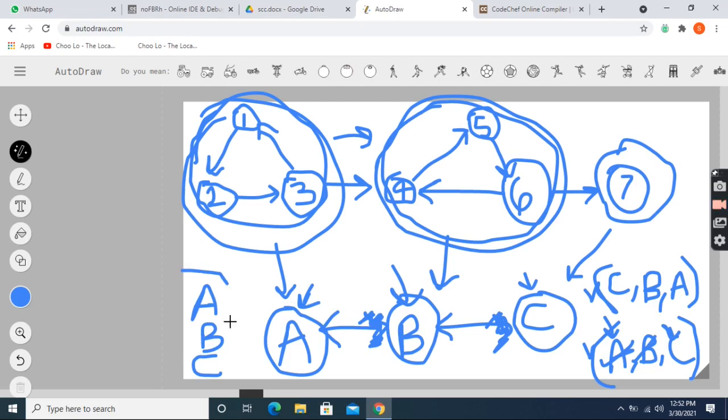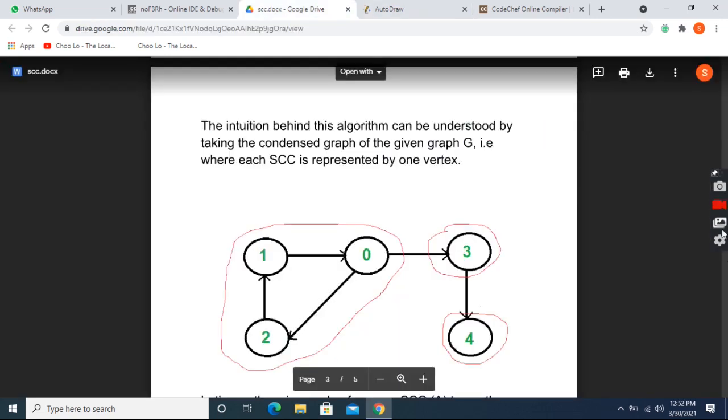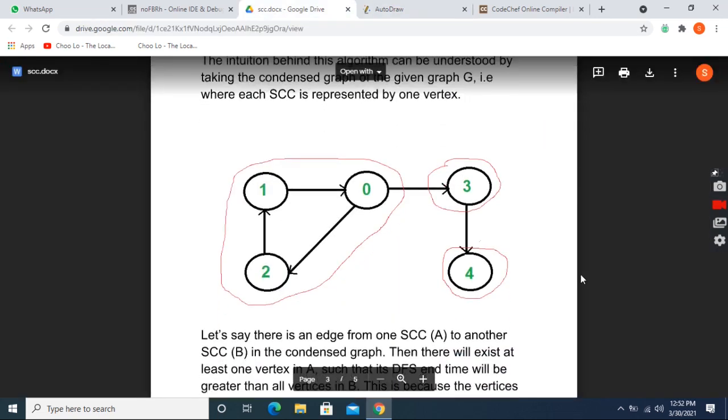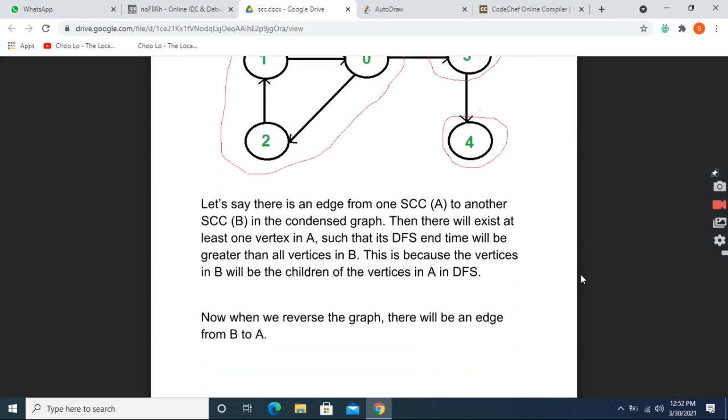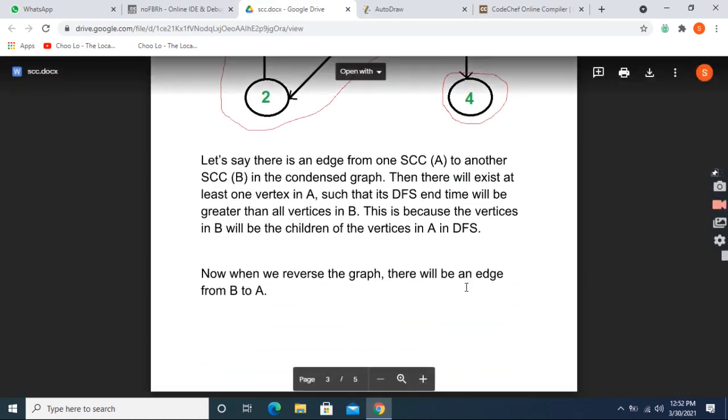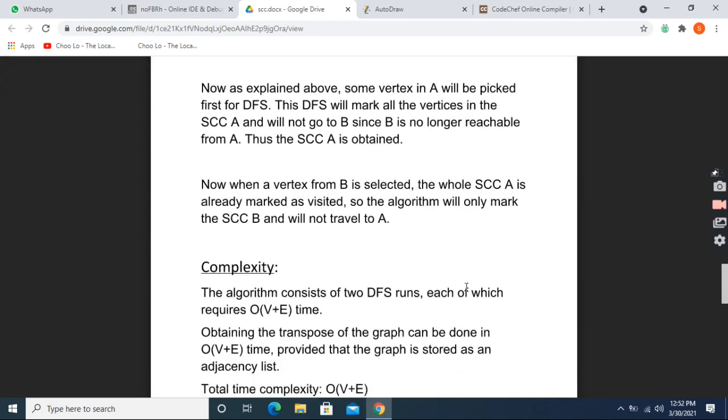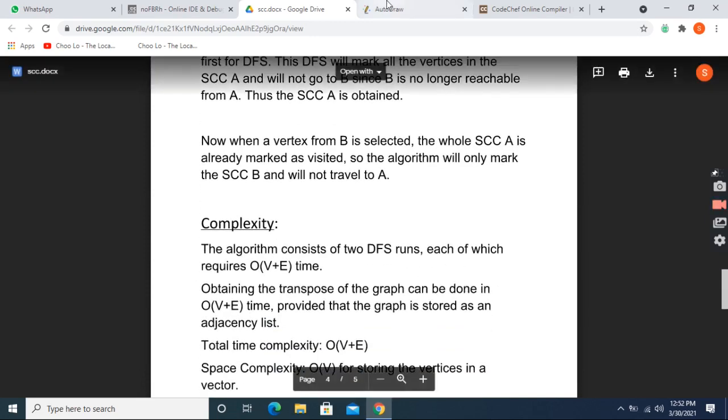So we finally get these connected components A, B and C, which were the connected components in the original graph. So this is just what I've explained, I've written here in the text, the condensed graph and the strongly connected components. So now let us look at the code of this algorithm.